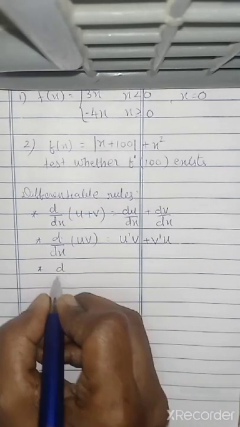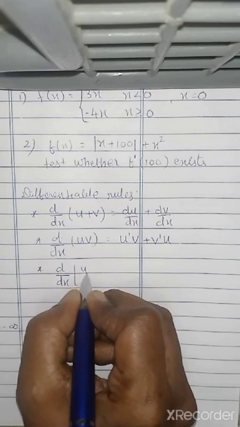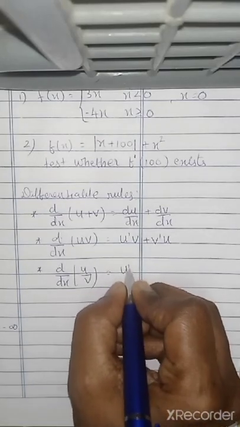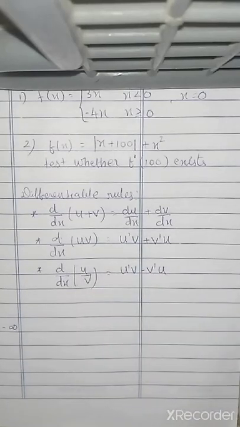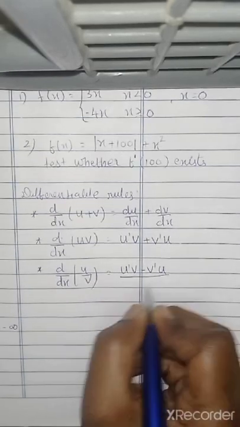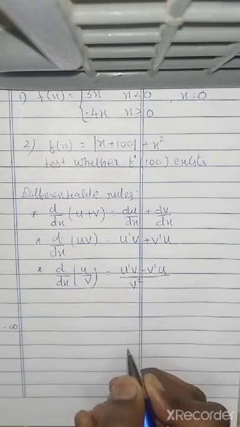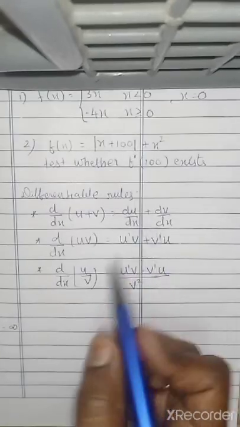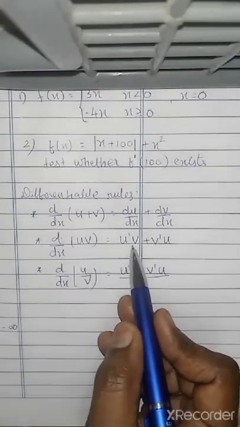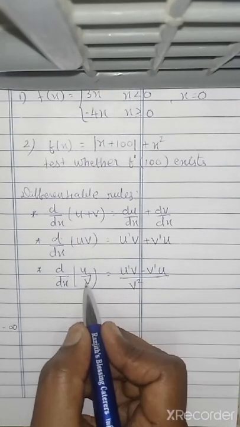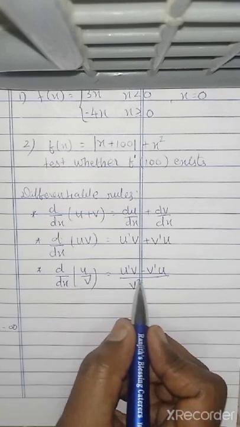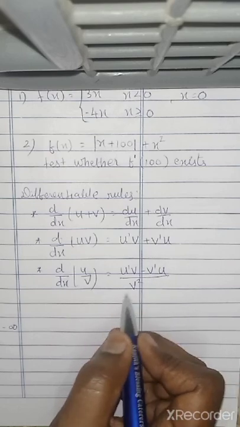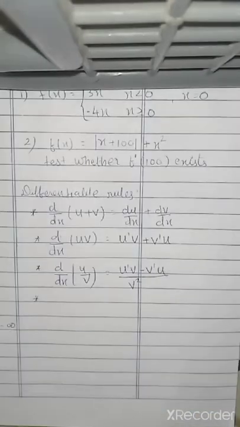And the third one, d by dx of u by v, is equal to u dash v minus v dash u by v square. This is your quotient rule. So when it is addition, follow this. Multiplication, u dash v plus v dash u. When it is division, use u dash v minus v dash u divided by v square.